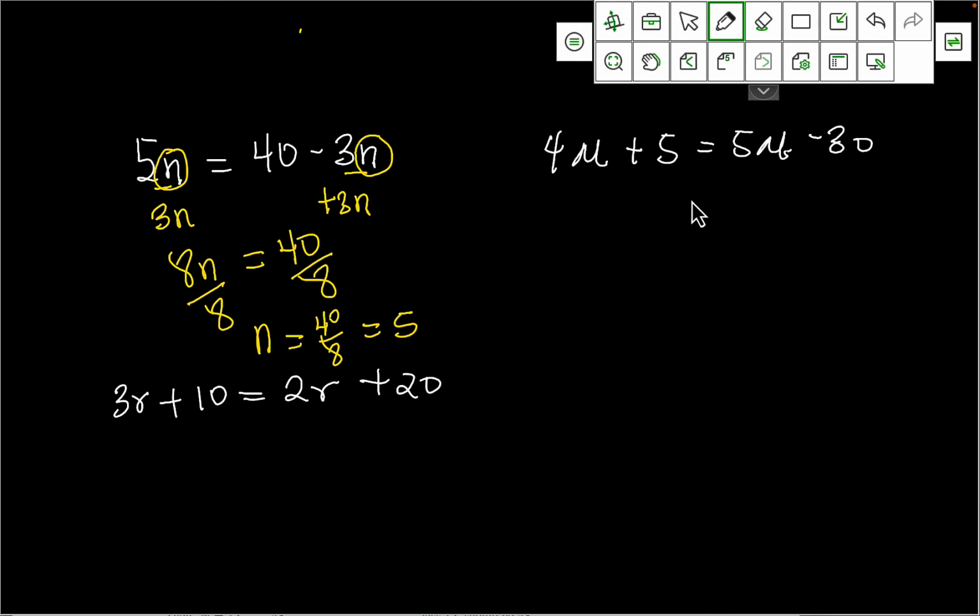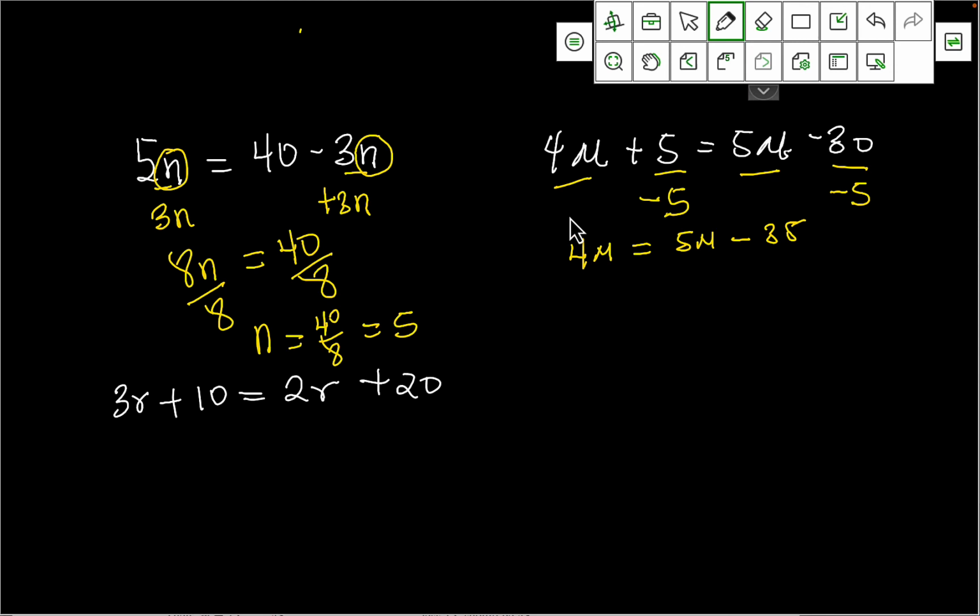Okay, let's look at this. What do I have to do first? There are a couple of like terms here. This and that are like terms. This and that are also like terms. So the goal is to bring the like terms together so you can combine them. So I'm going to subtract 5 from here and also subtract 5 from there. This should give me 4u equals 5u minus 35.